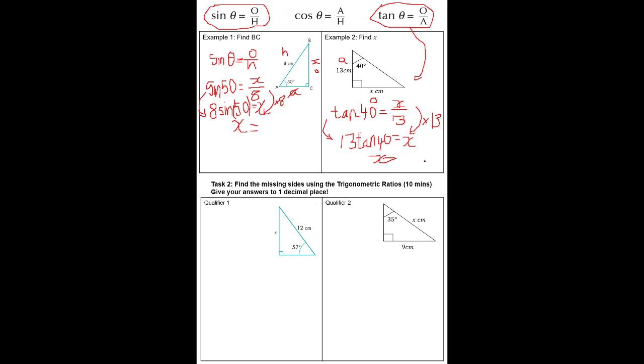So we're going to type in 13 tan 40. I can see why mine was wrong. Now, what I've got is I've got my calculator set to radians, and that's why it's giving me an incorrect answer.